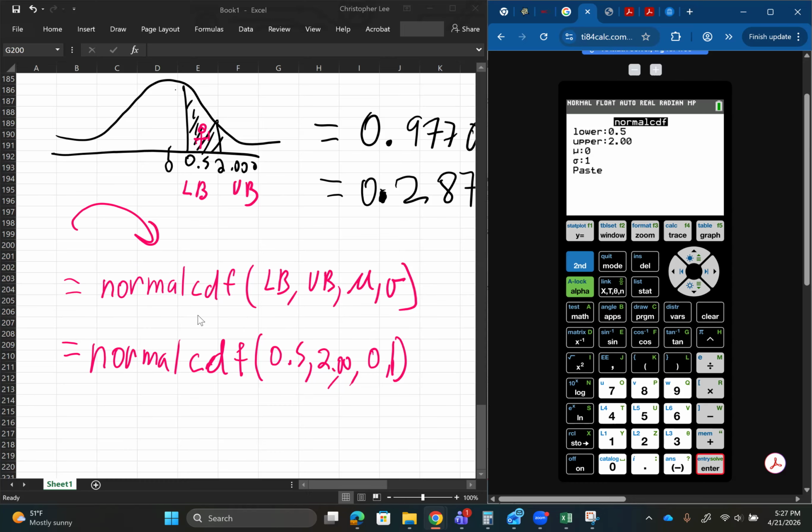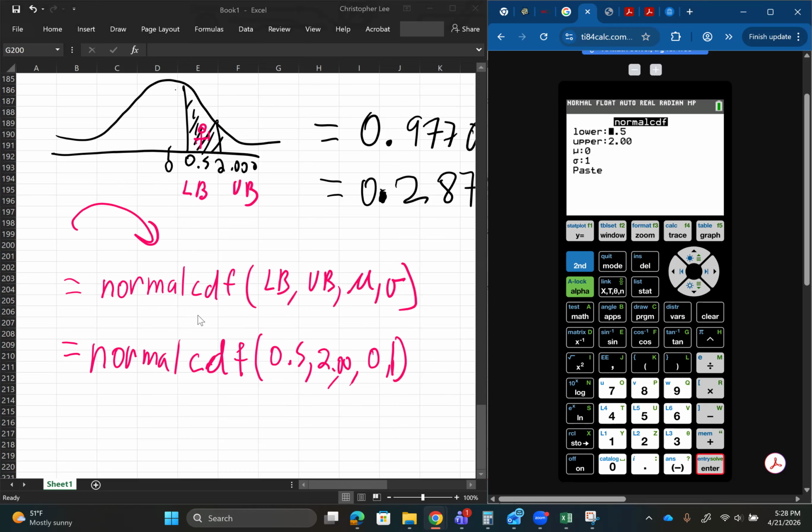That's the number, with the commas and everything. So it's 0.5, 2.0, 0, 1.